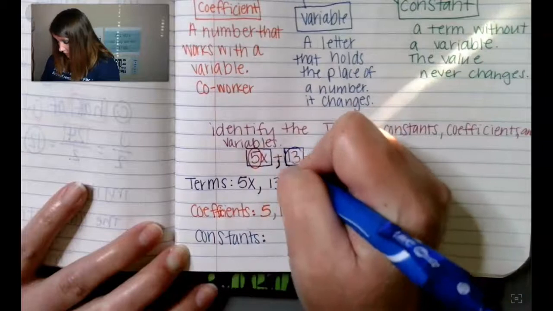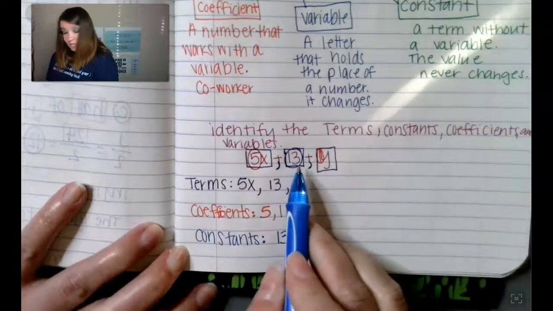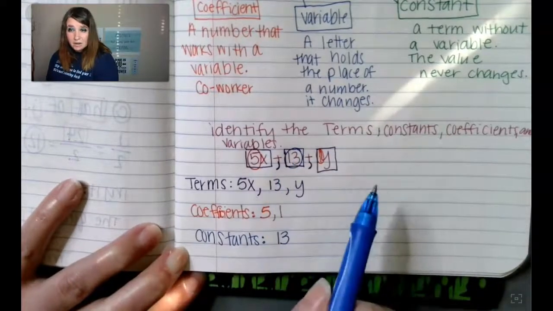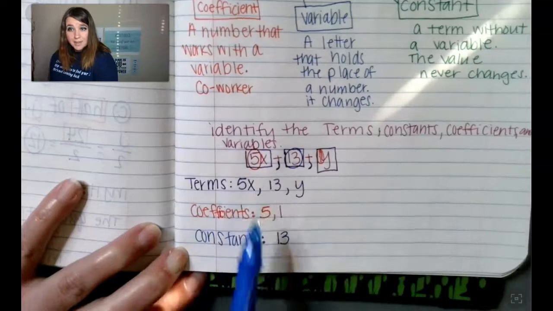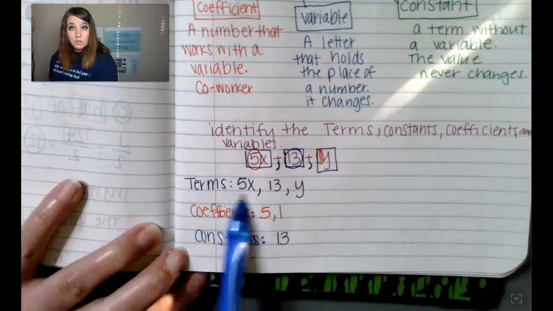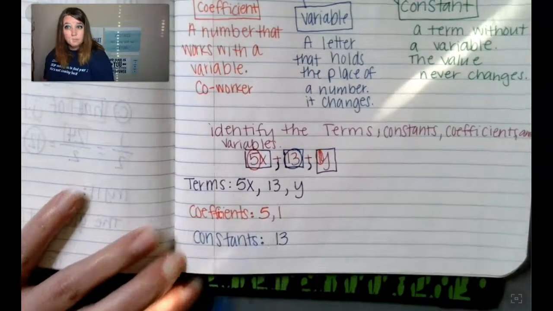It is the 13. The 13 is a constant. I can't use this one again. I've already used it. So the 13 is gone. I can use it as a term and I can use it as a constant because it is a term. Terms are the parts, and this is the type of part that it is.